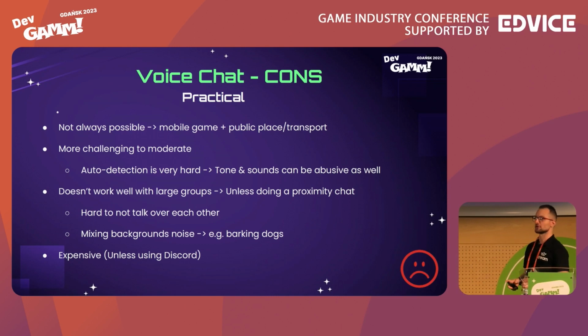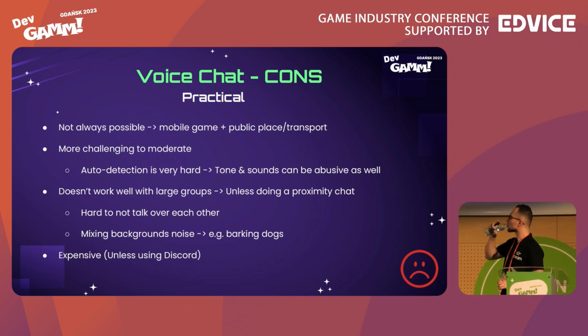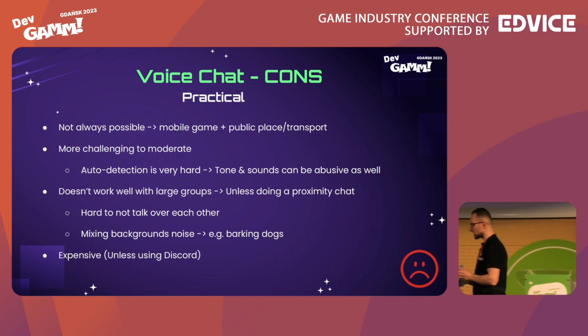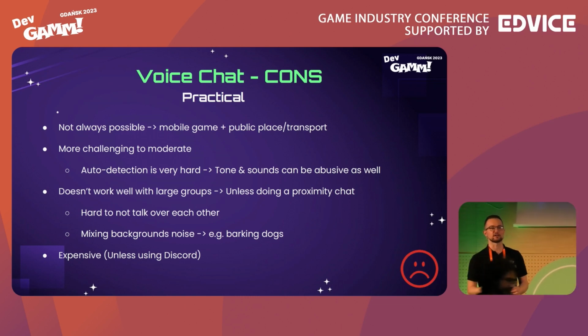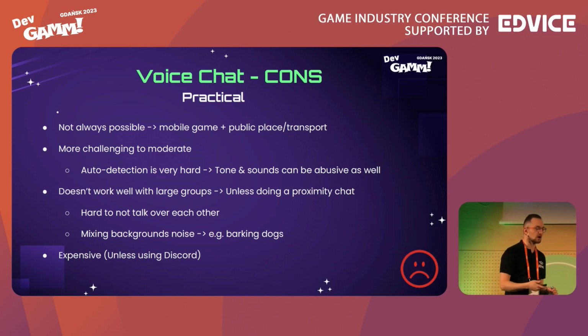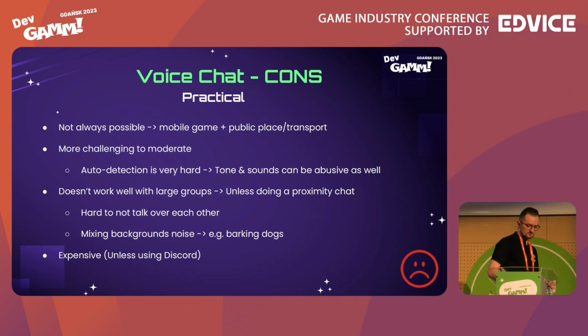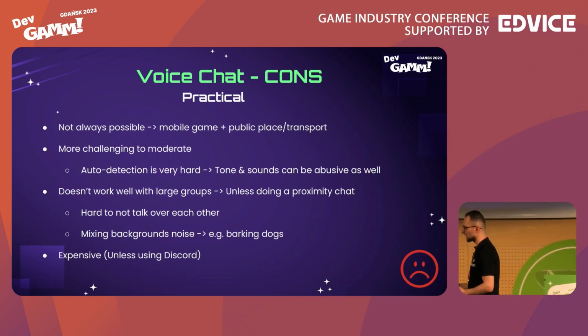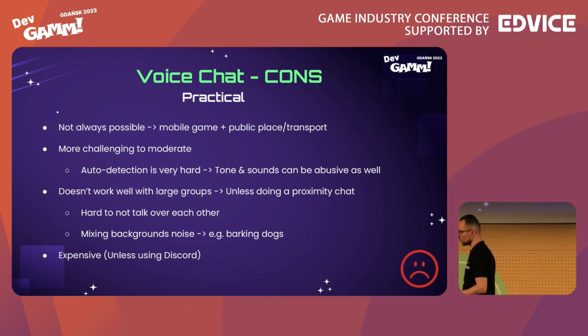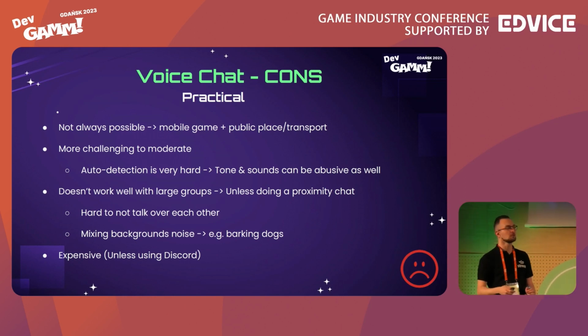It's also a lot more challenging to moderate. So when it comes to text communication, there's a whole lot we can do automatically. We can detect whether players are using some profanities, whether they're being offensive. Theoretically, this is also possible with voice because we could technically transcribe what they're saying and try to analyze it, but this is a lot more challenging technically.